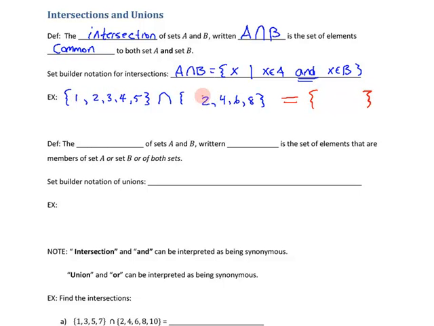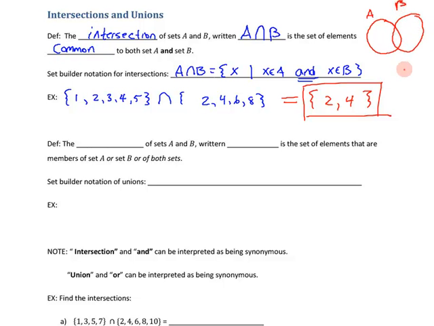So 1 is not in both, but 2 is in both of them, and 4 is in both of them. That's the intersection of the two sets. So if you thought of this as the first set, that's A, and this is the second set, B, then everything inside here is called A intersect B. That's that set in there.